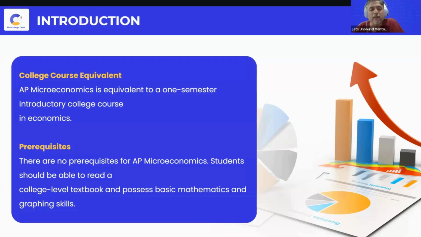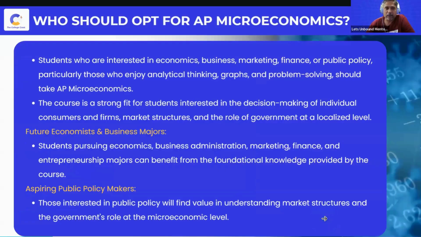Students should be able to read a college level textbook, possess basic mathematics and graphing skills. Now, when I talk of what graphing skills or what basic mathematics skills we are talking about, so concepts related to area under the curve, concepts related to finding the slope of the graph, how is a slope related to the variables presented on the graph, all those basic mathematical concepts are what they are checking out.